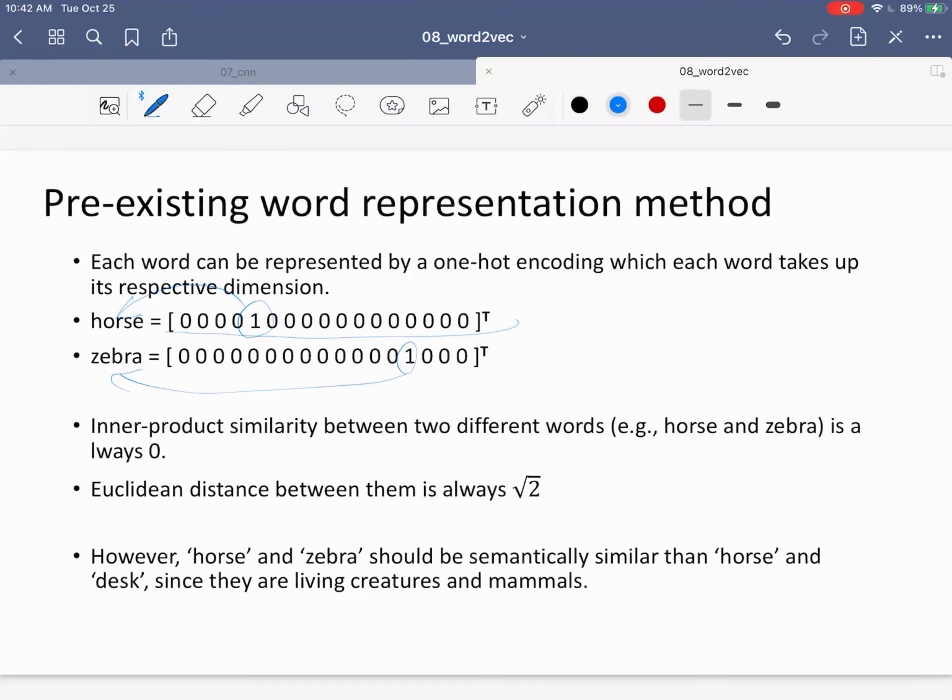So we want them to be close to each other, like how we wanted cat and kitty to be close to each other, but hamburger and kitty should be far away from each other. Just like that, we want horse and zebra to have some kind of similarity even in their vectorial form. But the problem is, if we represent words as a one-hot vector, then there is no similarity whatsoever.